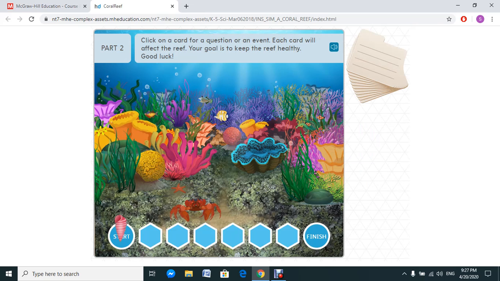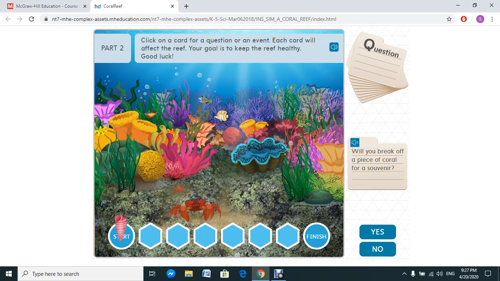Let's see the second part. Yes, so we're going to take some cards from the side here. Each card will give you a question or an event, so you have to keep the reef healthy. Let's try. Question.